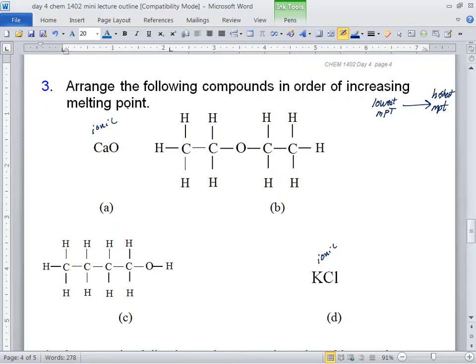How about B, everybody? To make this simple, just look for a metal. Do you see a metal? No. So that means this has to be molecular. Why isn't B a covalent network solid?